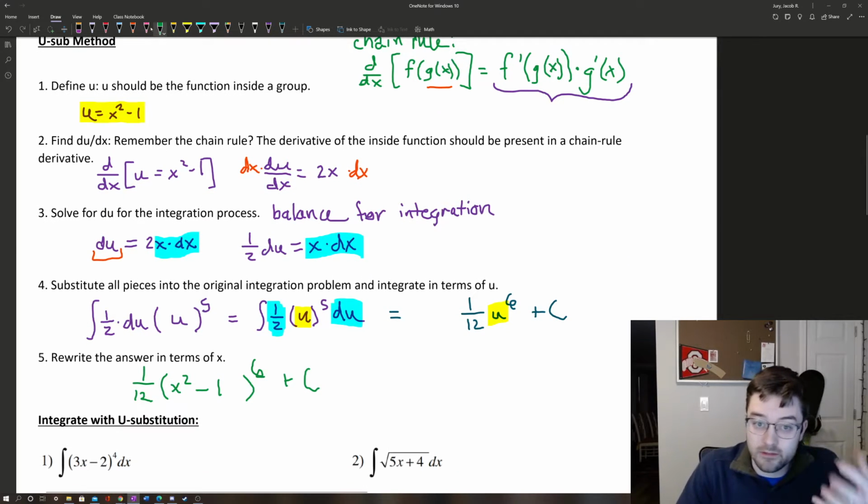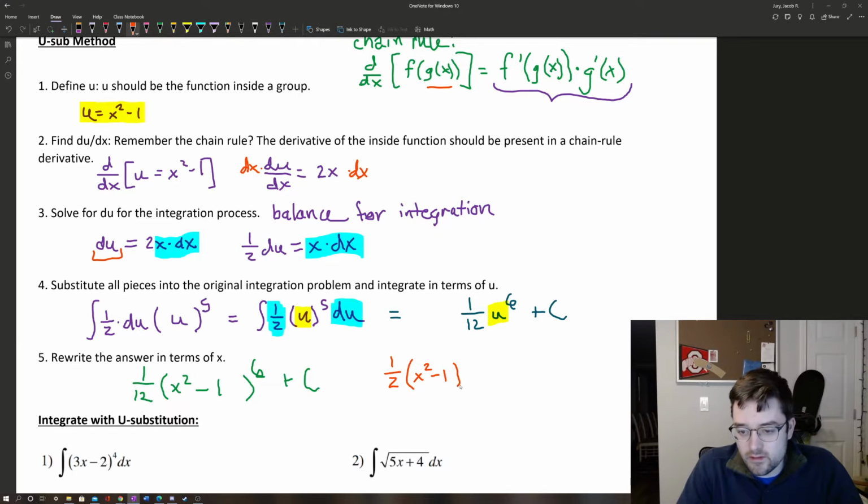If you want to double check to see that we did set up this problem right, we can take the derivative of this and we should get back to the original function. So if I do the chain rule, I would multiply 6 by 1/12 and get 1/2, and then I'd have the inside of my function left inside that group, reduce the power of 6 by 1, and then multiply by the derivative of the inside, which is just 2x.